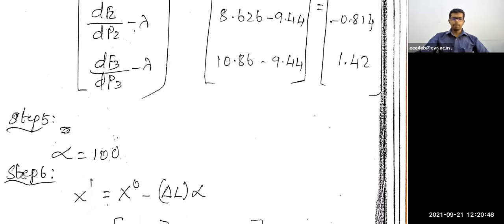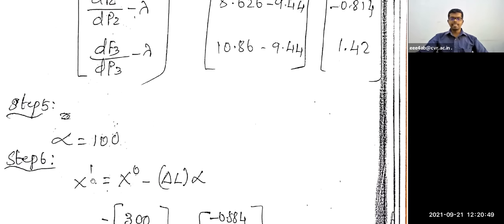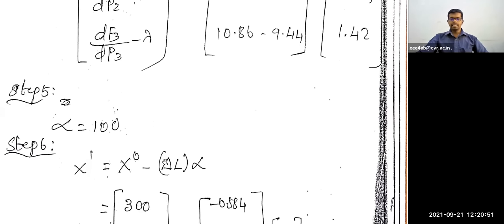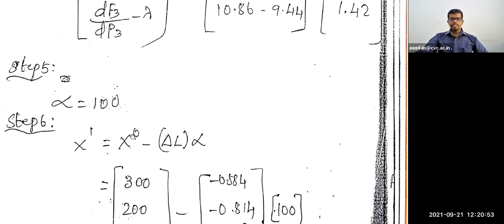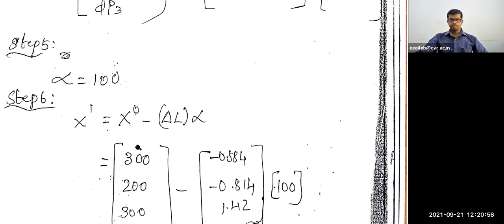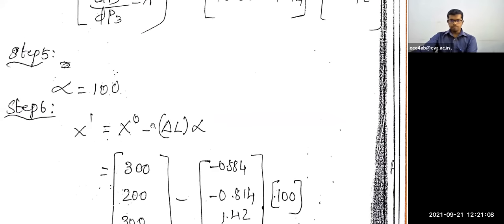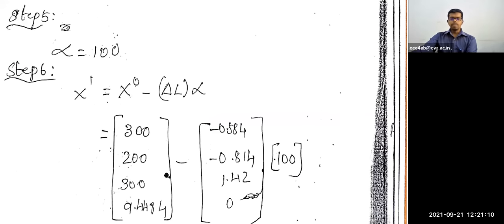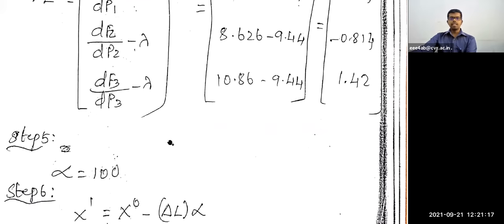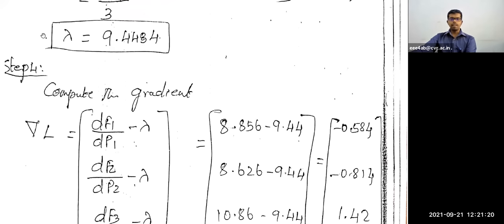Next, what is step number 6? Step number 6 is x dash is equal to x naught minus del L into alpha. So x naught is nothing but the initial values of all the power generation, whatever we consider, like the first values, initial values, that is 300, 200 and 300. Next, 9.484, that is the lambda value we calculated now.